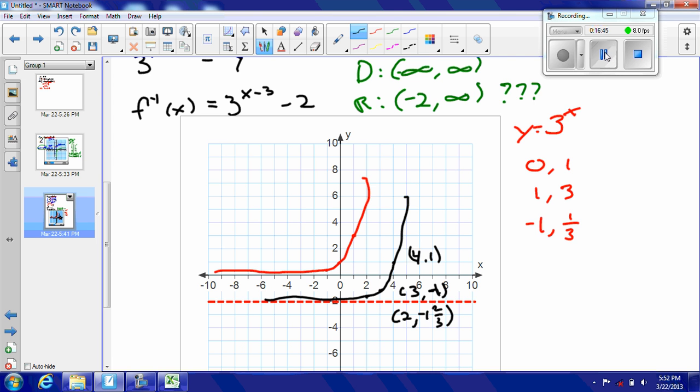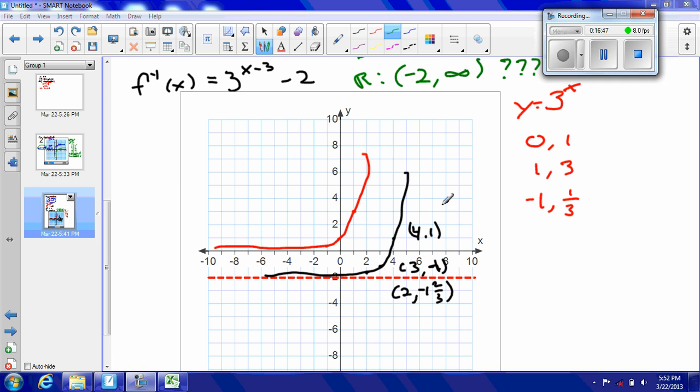Notice, I have the point 4, 1, and the point 3, negative 1, and the point 2, negative 1 2/3.